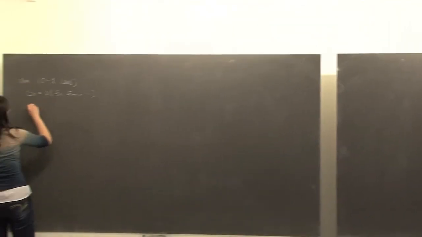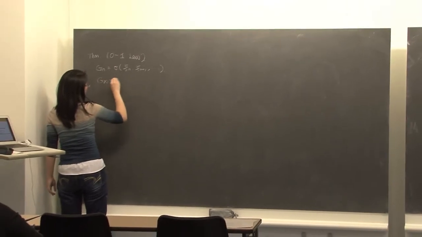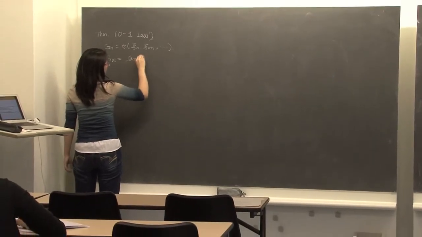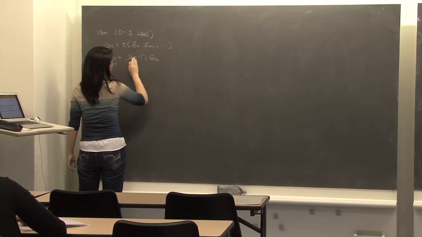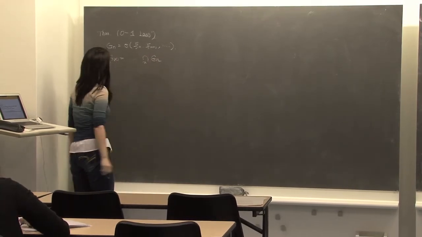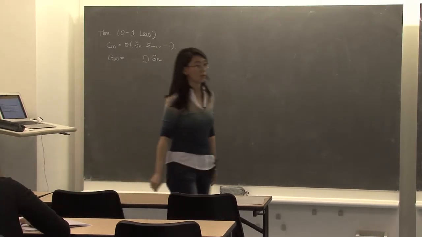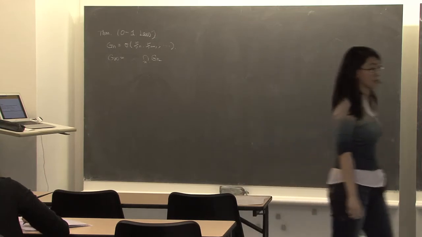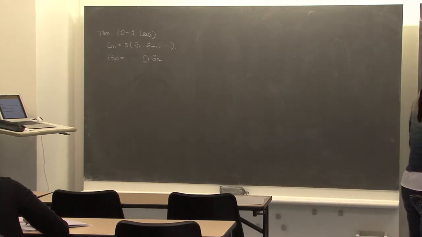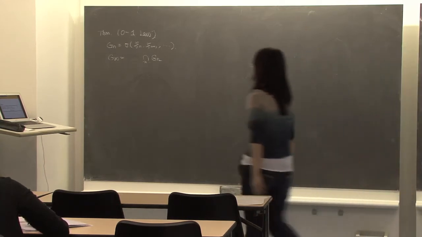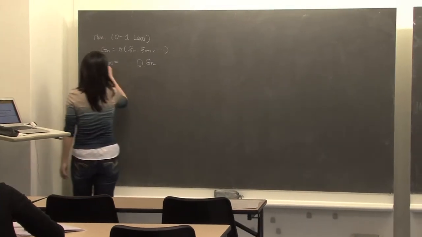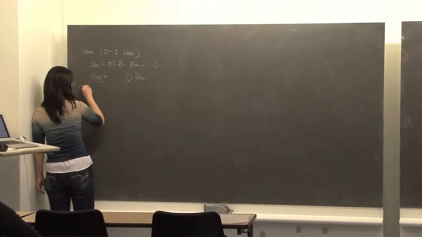And this is a decreasing sequence of sigma algebras. And we define the limit to be G infinity. So this is a small sigma algebra because it is the decreasing limit. And the conclusion is this tail sigma algebra G infinity is trivial.